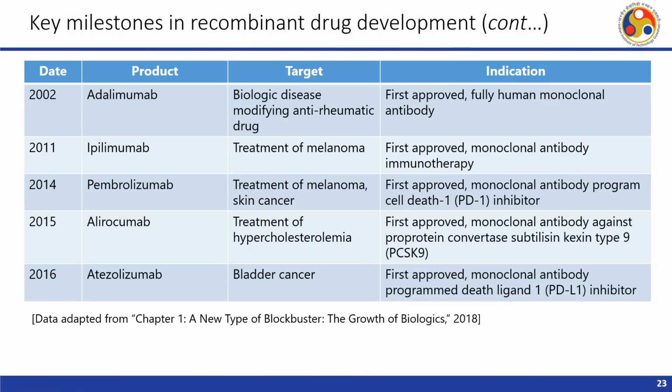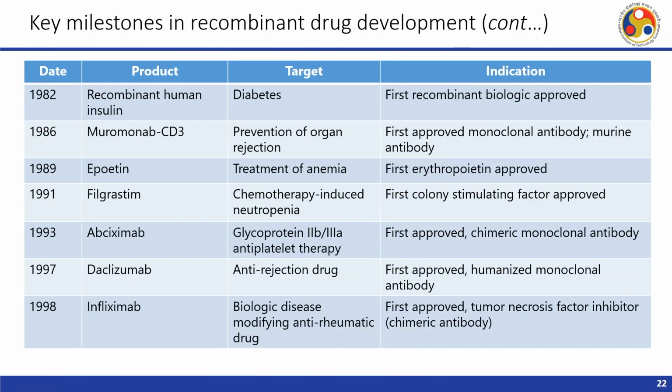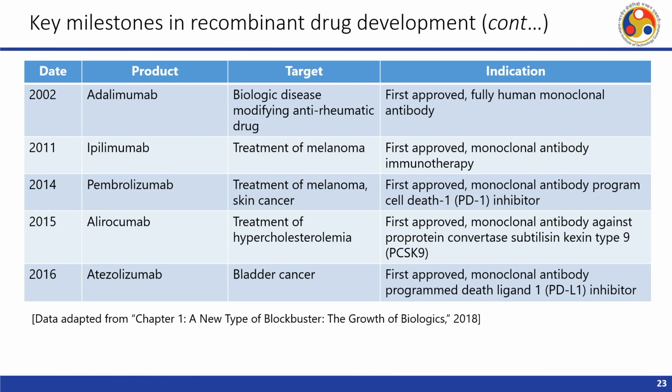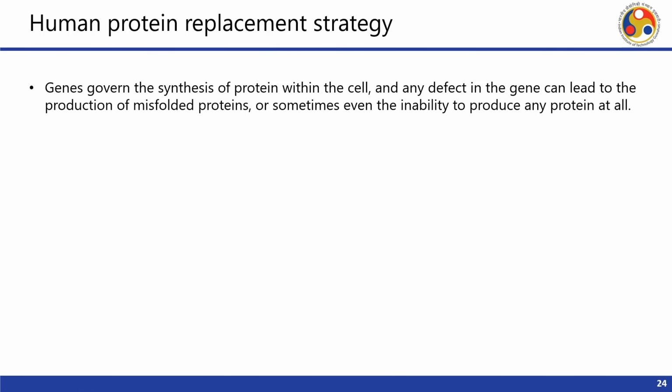So, we can see since 1982 to 2016 and even later on, a lot of antibodies, which are all recombinant, produced by the recombinant DNA technology, have been coming to the market regularly. These actually showcase the importance of this technology, rDNA technology, in pharmaceuticals.